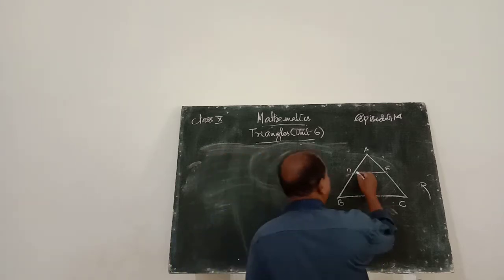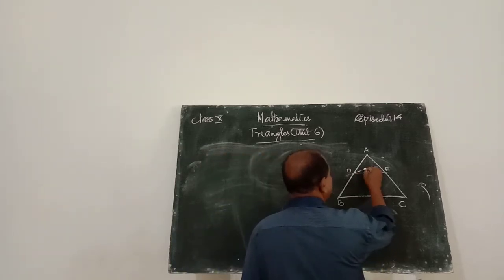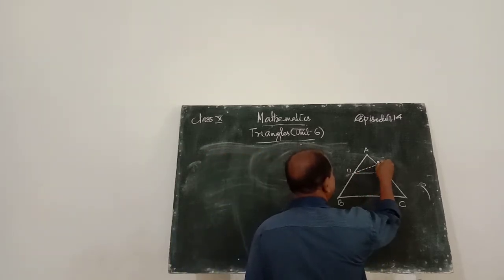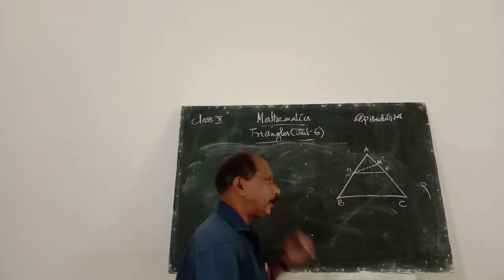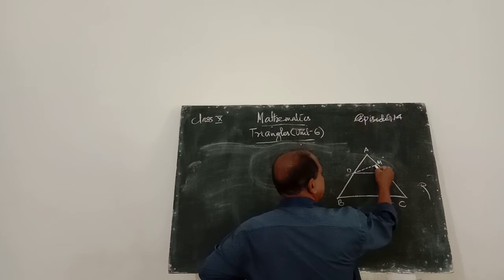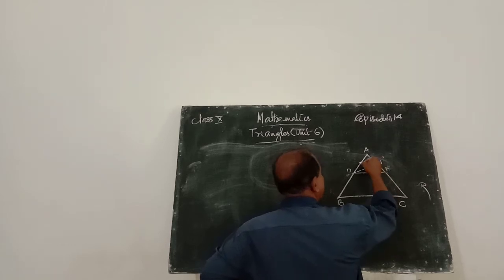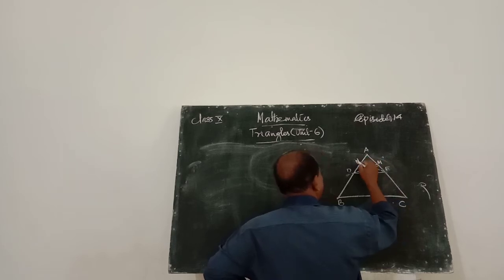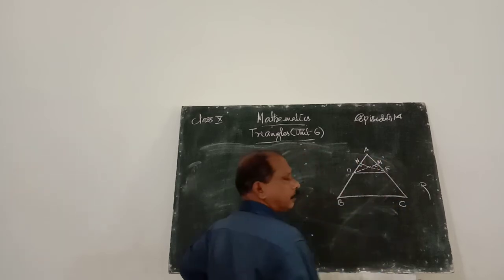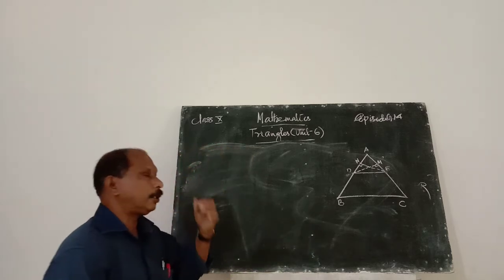Draw DM perpendicular to AC, this angle is 90 degrees, and EM perpendicular to AB, this angle is 90 degrees. That is the construction for that proof.